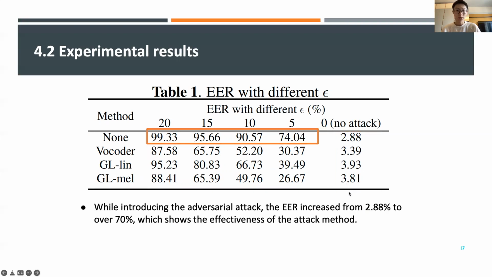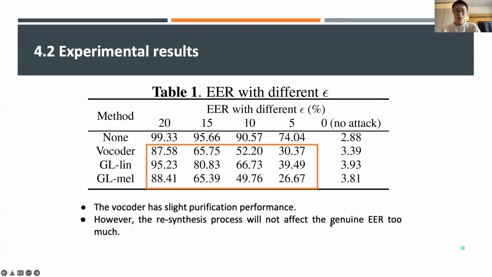Well, introducing the adversarial attacks, the equal error rate increased from 2.88% to over 70%, which shows the effectiveness of the attack method. And the vocoder has slight purification performance. However, the resynthesis process will not affect the genuine equal error rate too much.